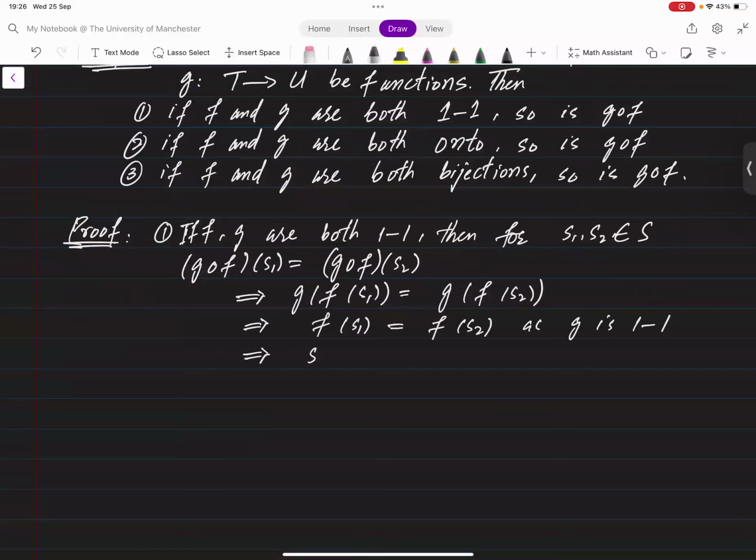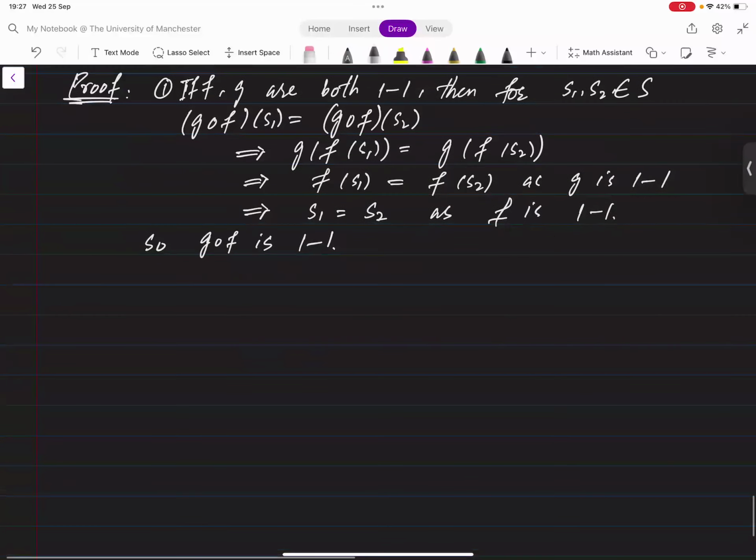Then s1 is s2, as f is 1 to 1. So g of f is 1 to 1. Okay.